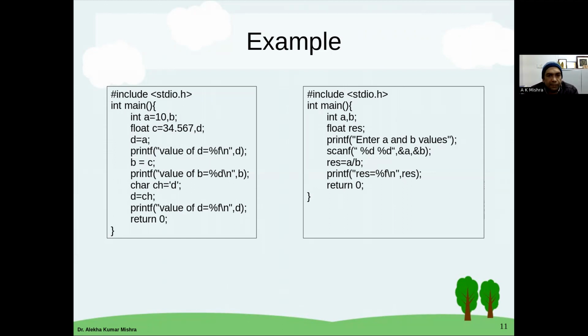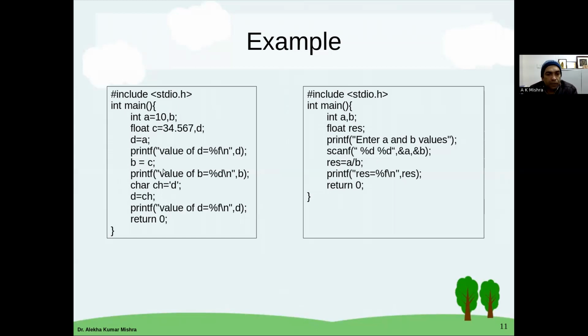Next, b equal to c. What is c? C is a floating point type. When we assign c to b, we are going from higher to lower. In older compilers, for these cases, the compiler would prompt the user at compile time that a conversion is required, a type mismatch. So there we used to provide the typecasting in brackets, mentioning integer type, to make sure it is converted into integer type.